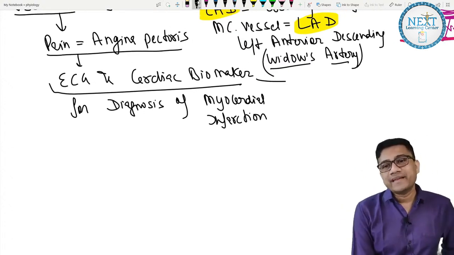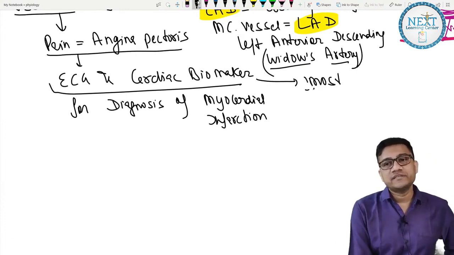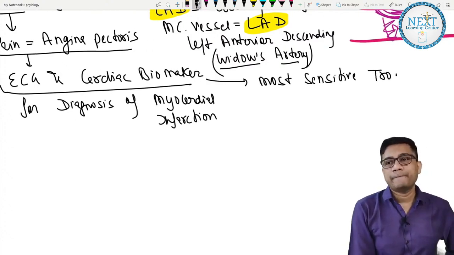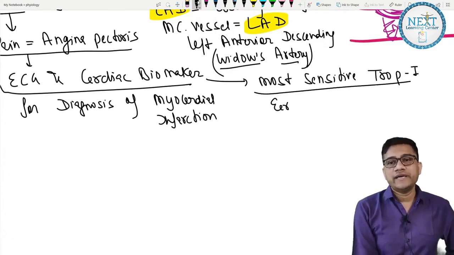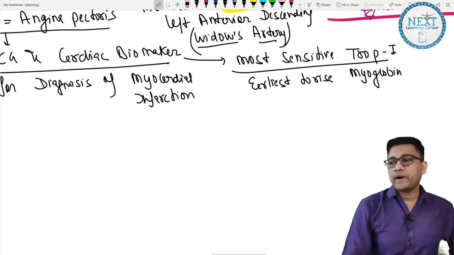One more thing is, in cardiac biomarkers, the most sensitive is troponin I. Earliest to rise but useless is myoglobin. So earliest to rise is myoglobin.